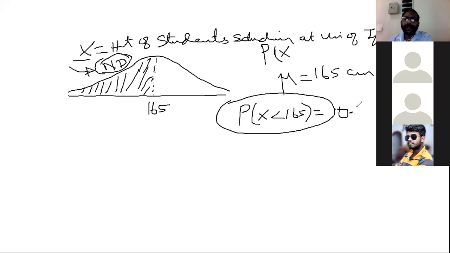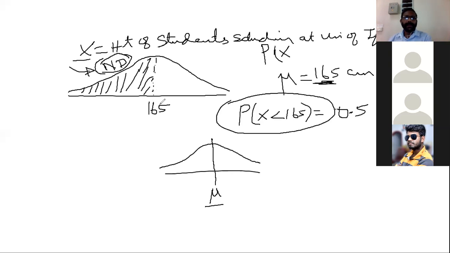Why? This is not 1 minus. Why? Because if we say it is a normal distribution, it is splitting into 2 halves at your mean. At your mean, it is symmetric. So our mean is 165. If you put a line here, it will split into 2. So it is symmetric.